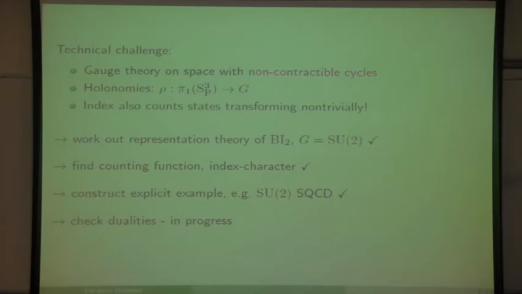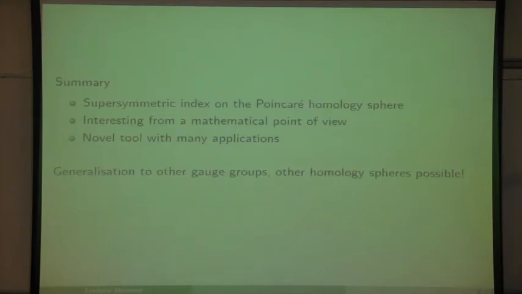The next thing, which is what I'm doing right now, is checking dualities with this. Hopefully that will be finished soon, and I expect it will be written up sometime in summer, so you can all have a closer look. So the summary is, I've told you about the supersymmetric index on the Poincare homology sphere, which is interesting from a mathematical point of view but might also have interesting applications for physics.